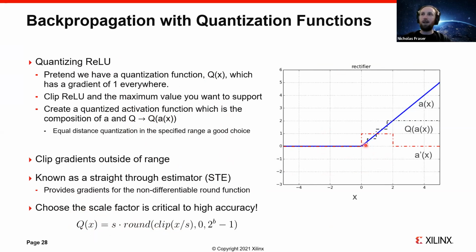So originally we had a ReLU function, and now we're applying the quantization function after the ReLU function. And this is what our gradient function is going to look like on the backward path. The key difference is that it's going to be clipped at the maximum value.